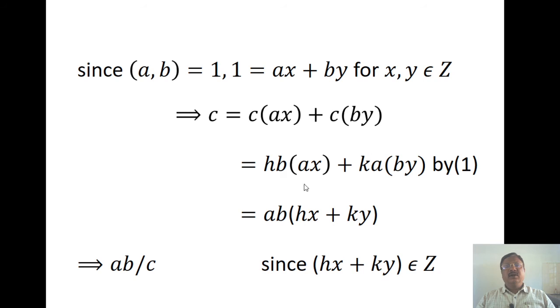Now H into B is equal to C, so substituting the values of C from the previous equations, it is K into A. So now you can take AB common: AB into Hx plus Ky. Since all of them are integers, their sum is also an integer. So this implies C is equal to some integer into AB, implying AB also divides C.